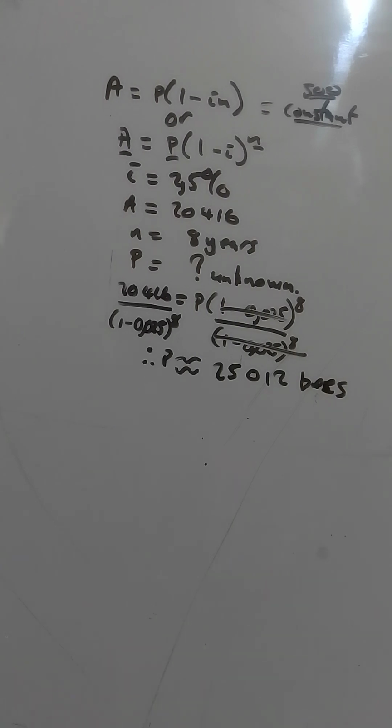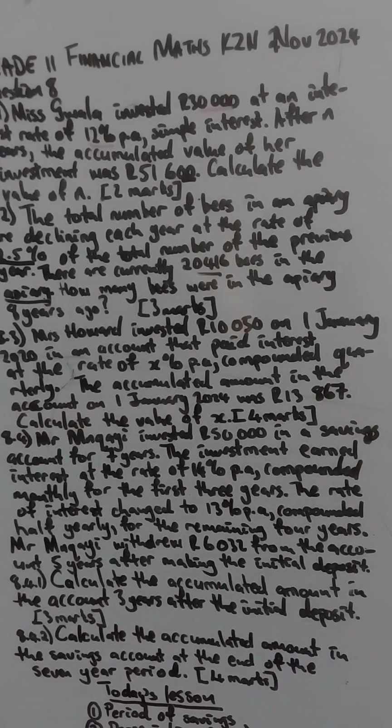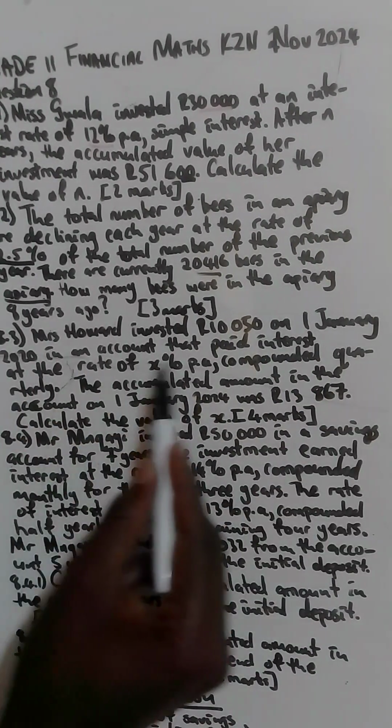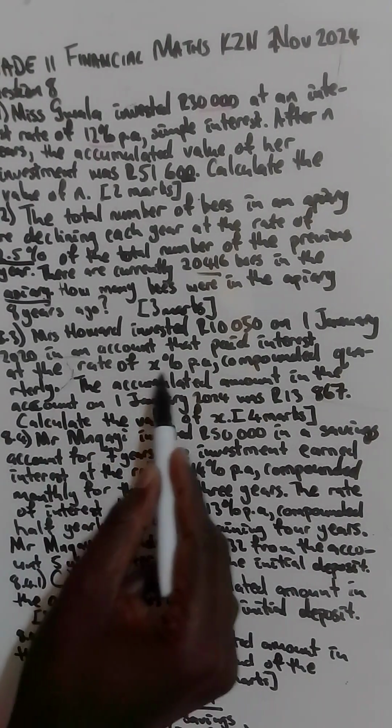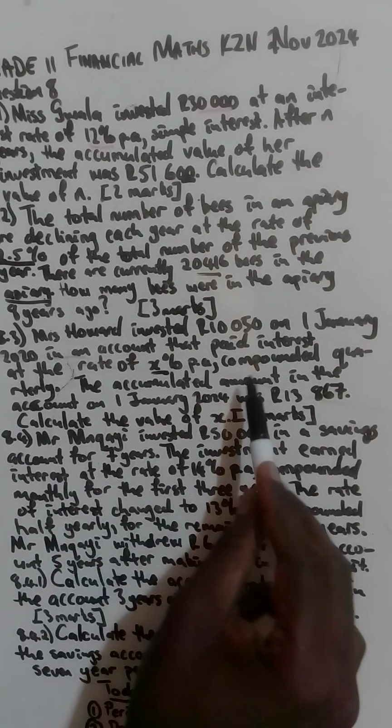Now let's go to the next question, which is 8.3. Question 8.3 reads as follows. Mrs. Howard invested 10,050 rands on 1 January 2020 in an account that paid interest at the rate of X% per annum, which means we must look for the percentage.